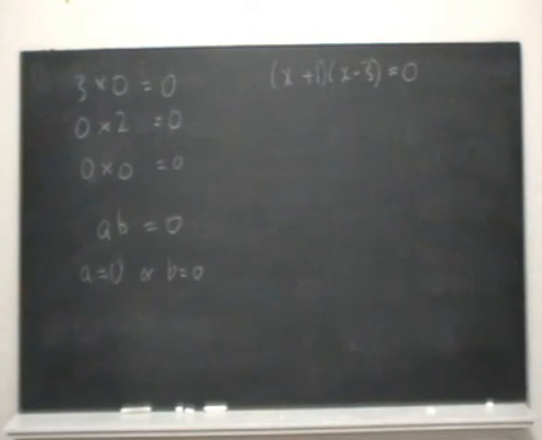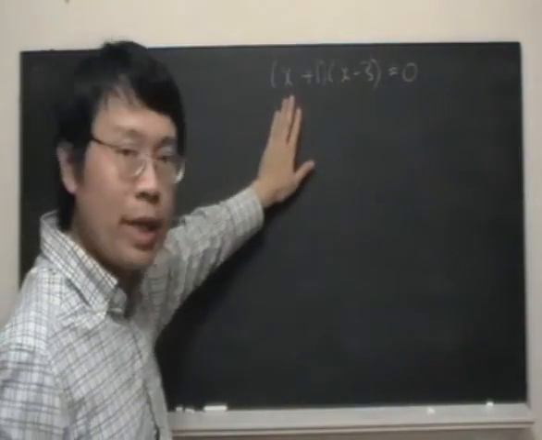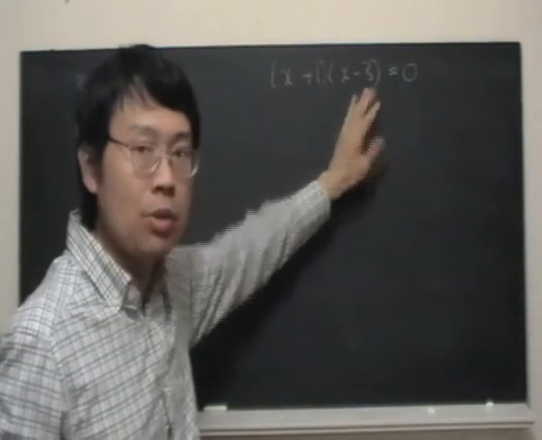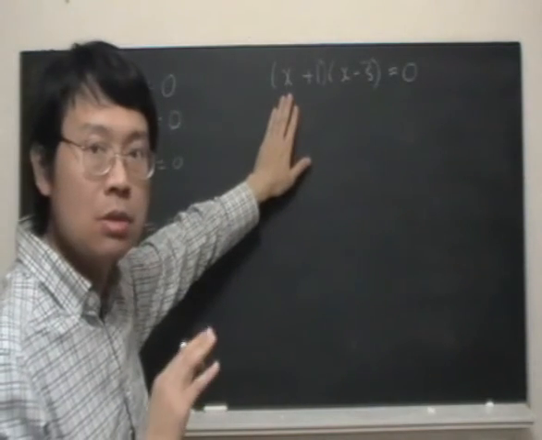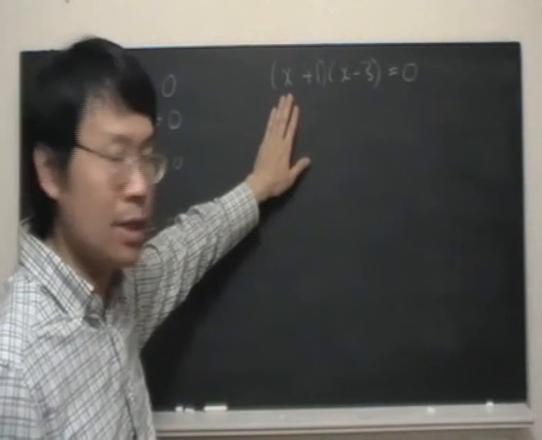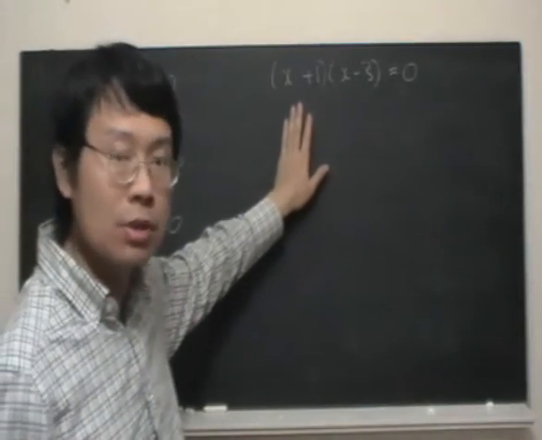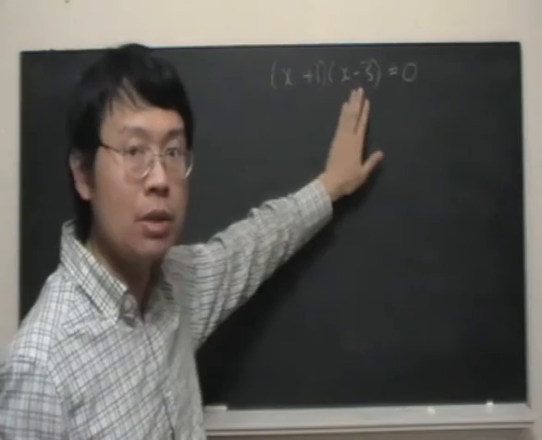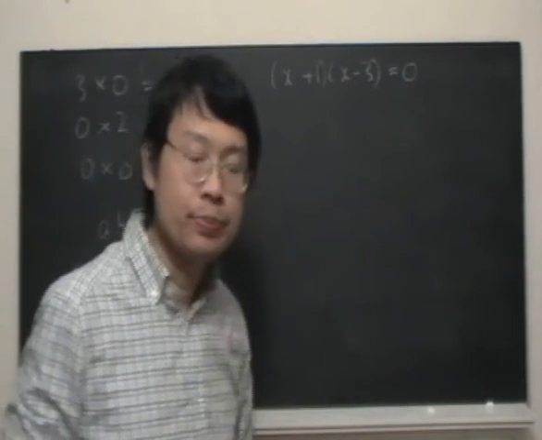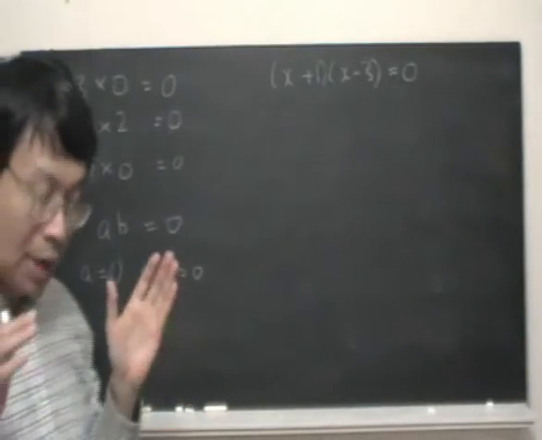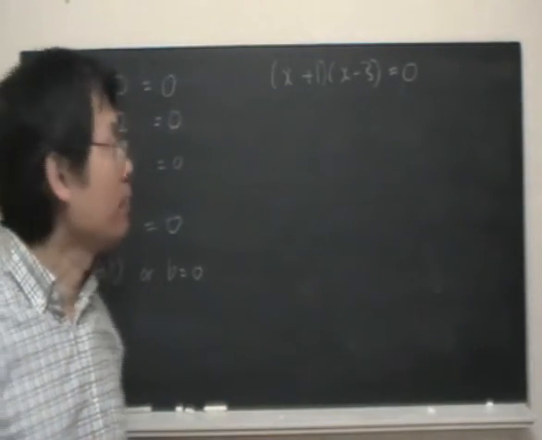Look at this equation. There are two brackets multiplied together. Each bracket contains an expression in x. And this equation tells us that when you multiply the two brackets together, you get 0. Now remember, you can think of each bracket as a number.